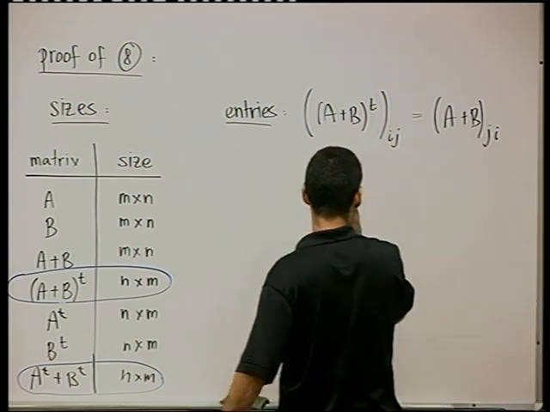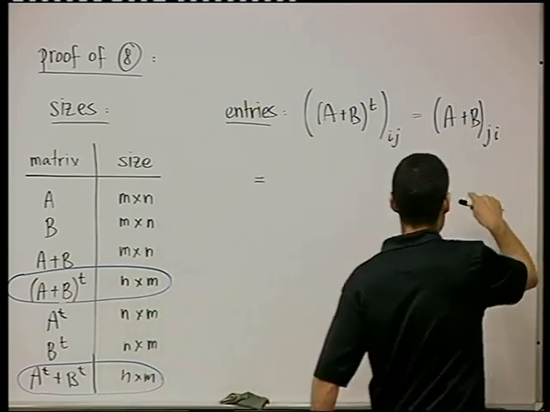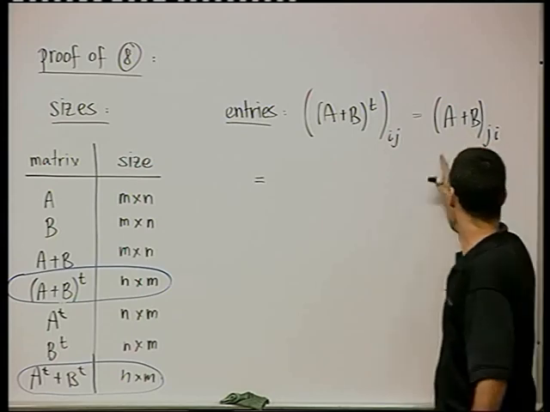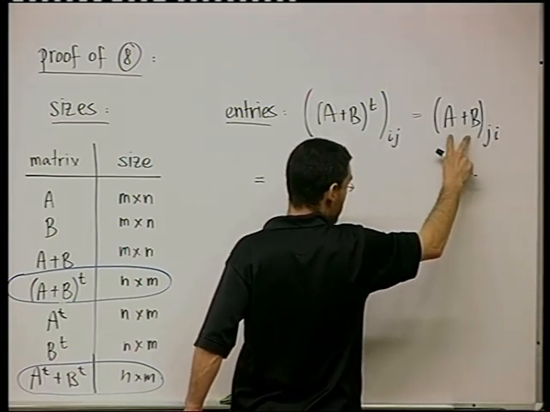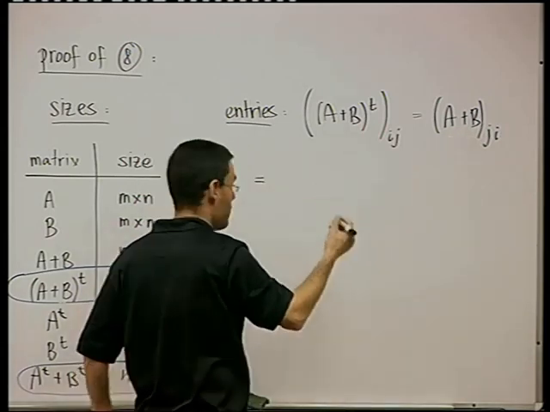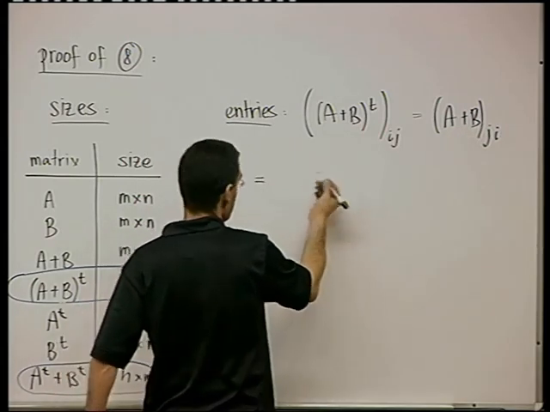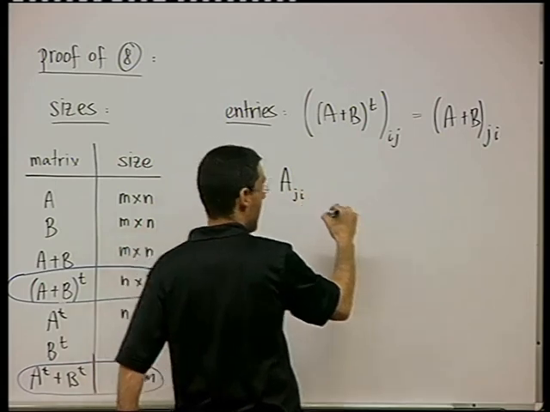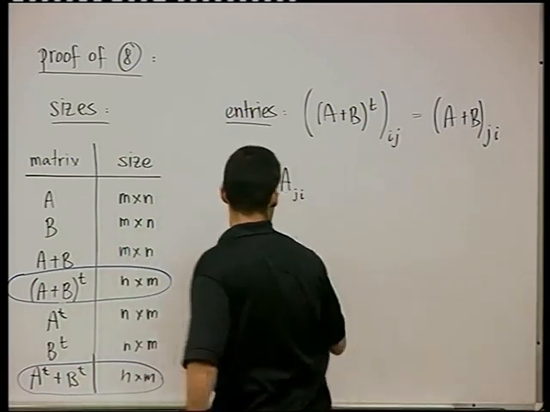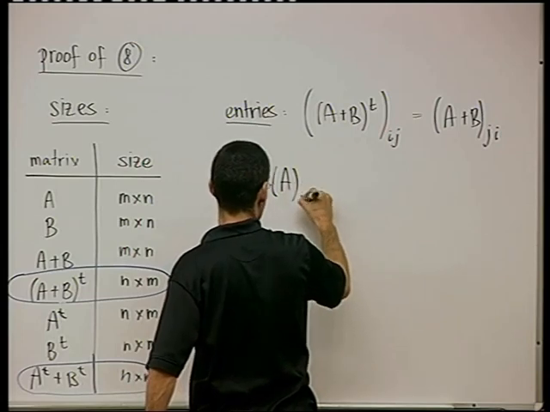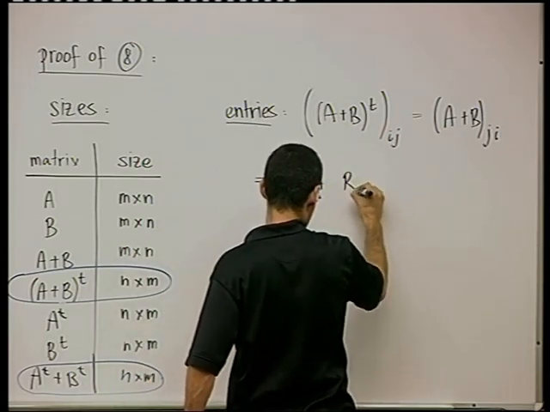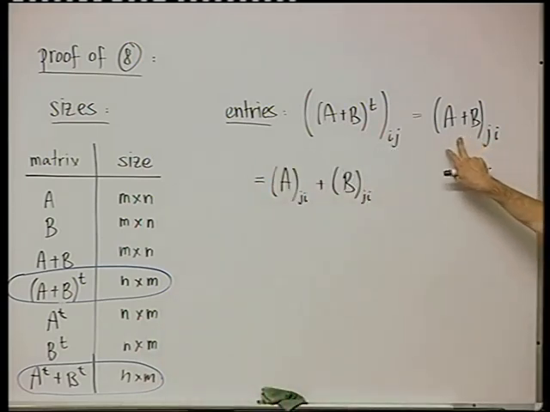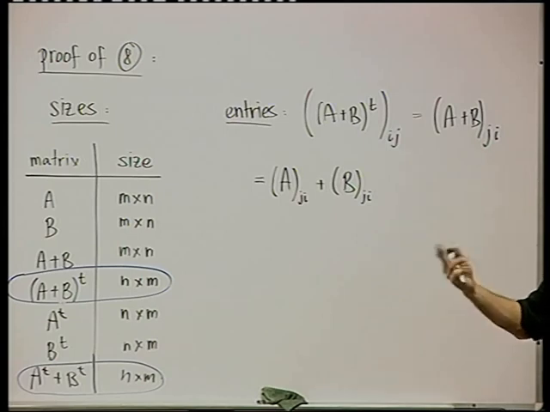Okay. Now, let's temporarily denote the elements of capital A by little a's and the elements of capital B by little b's. So the jith element of the sum is the jith element of the first matrix. Or we don't even need the little, I'm sorry, let's not do that. So it's the jith element of A plus the jith element of B. That's the jith element of the sum because addition of matrices is defined element-wise.